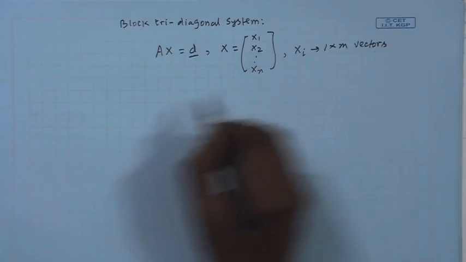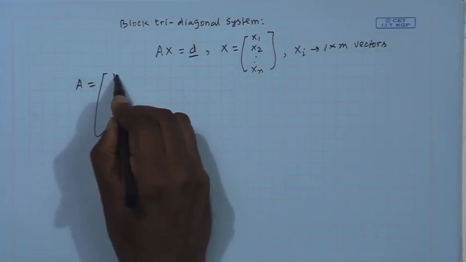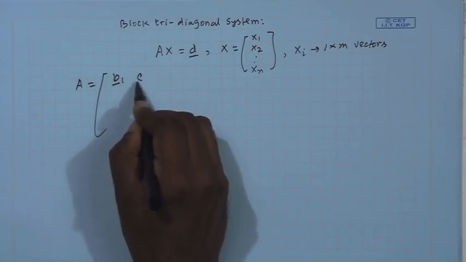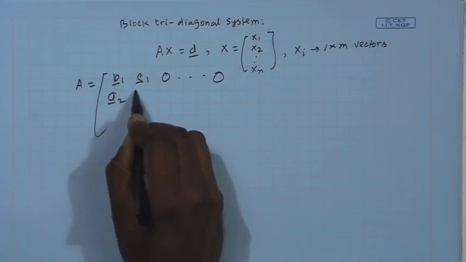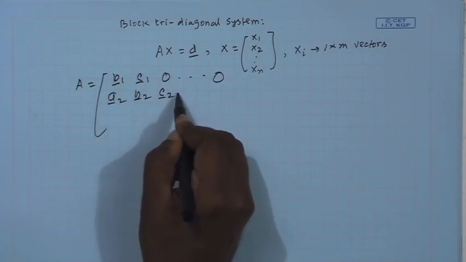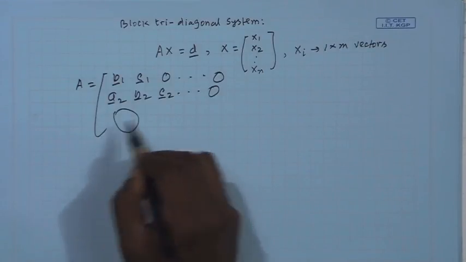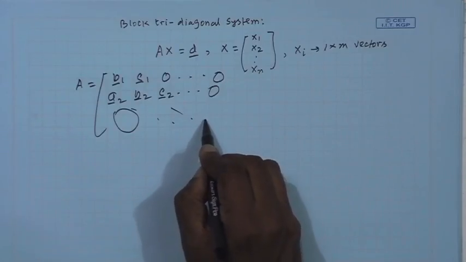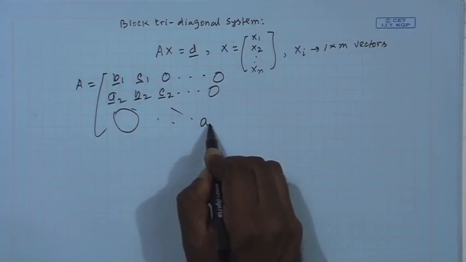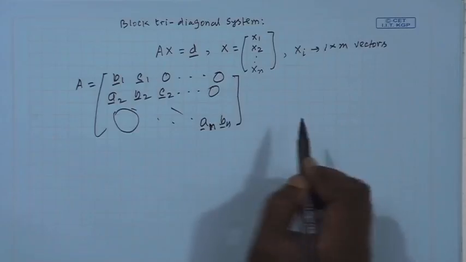And the matrix A is something like B1 C1 0 0 0; A2 B2 C2 0, and so on, with the remaining entries all 0, and the last row being AN, BN. So, this is the situation.